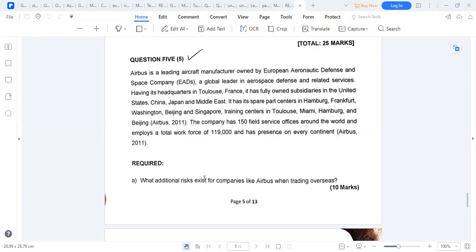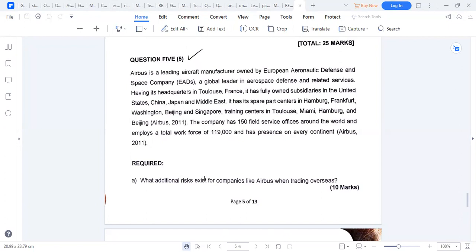This risk is susceptible to disruptions that may come in, such as natural disasters, political unrest, changes in trade policies. Such disruptions will affect the supply chain. It will affect the timeliness of delivery of aircraft components, leading to production delays. So this is a supply chain risk that may occur.